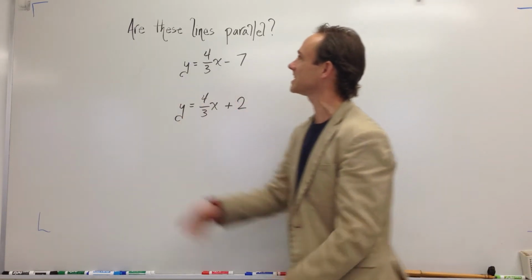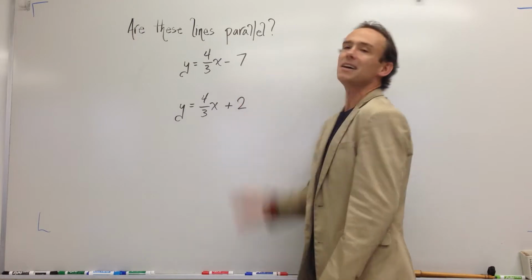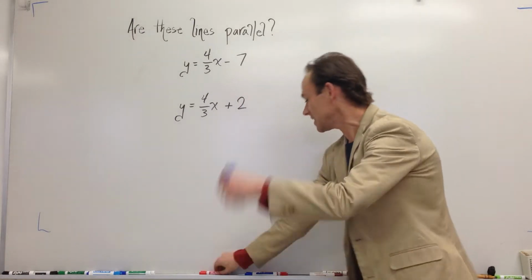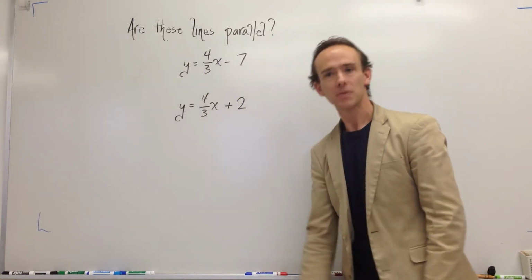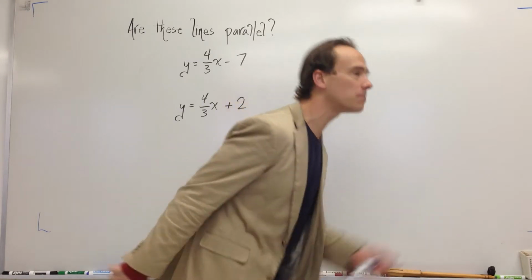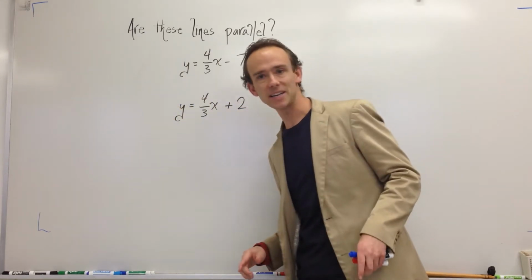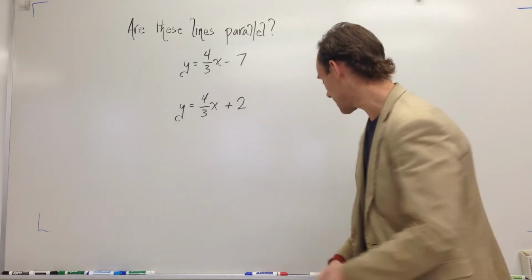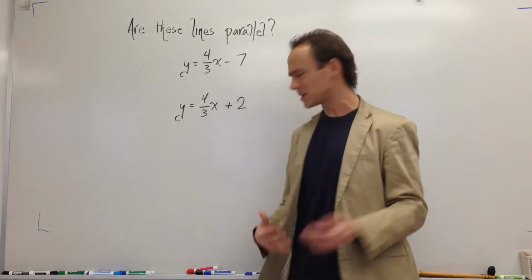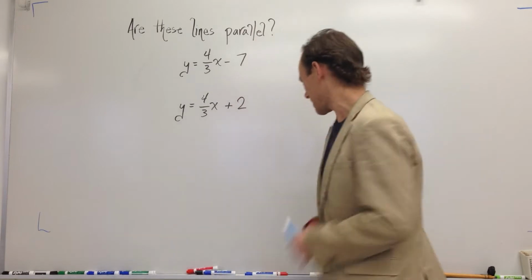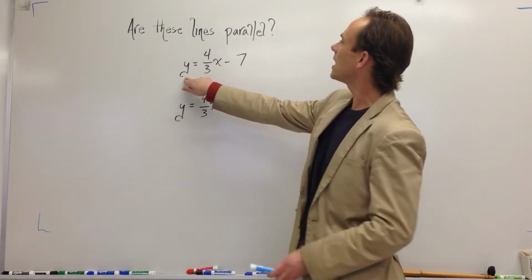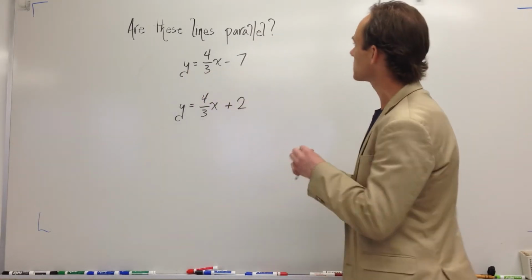So the question is, are these lines parallel? Really what we're asking is, what's the slope of the line? Because if they've got the same slope, then they're parallel. First of all, let's look at the form of these equations. Y equals some x minus something else.